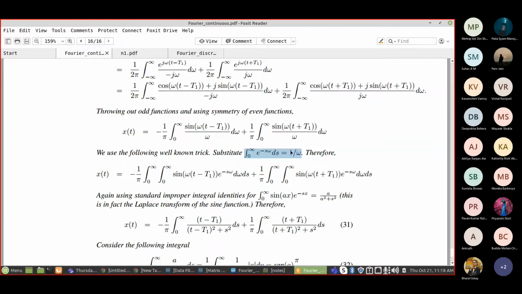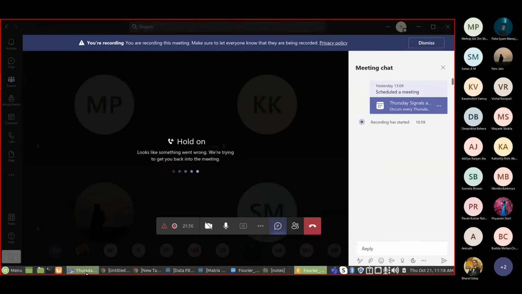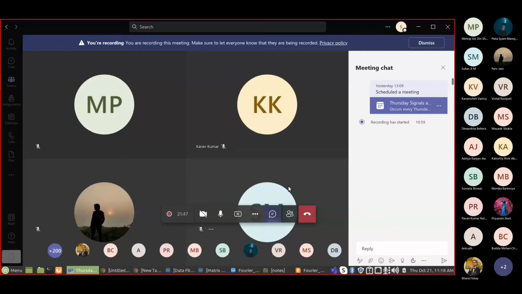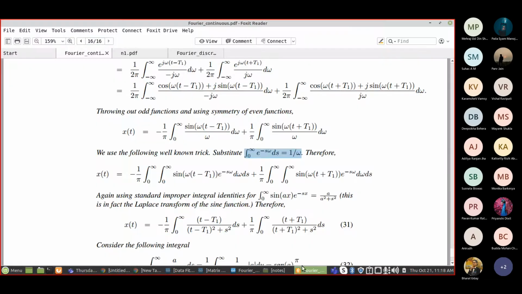You can easily check that this is valid by doing this integration. Again I lost the connection for a bit, but now I'm back. So you insert this expression in here. So you have two integrals now and this additional term.